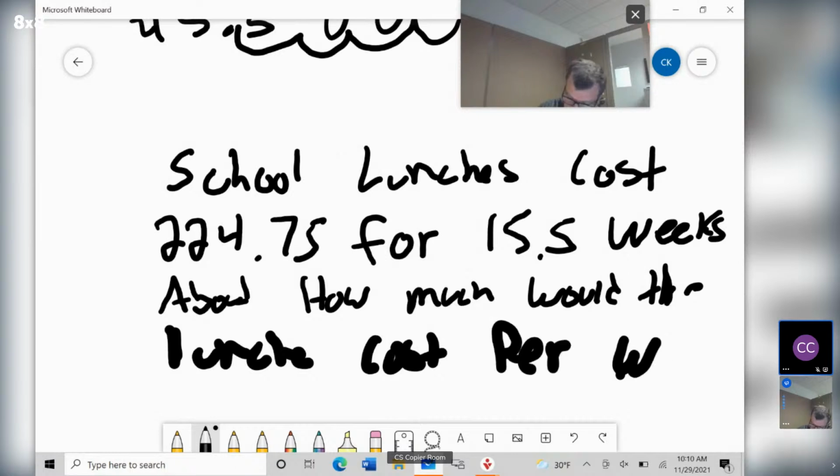So we're trying to find out how much lunches cost per week. So we know there's 15 and a half weeks. And we know the total for 15 and a half weeks is $224.75.